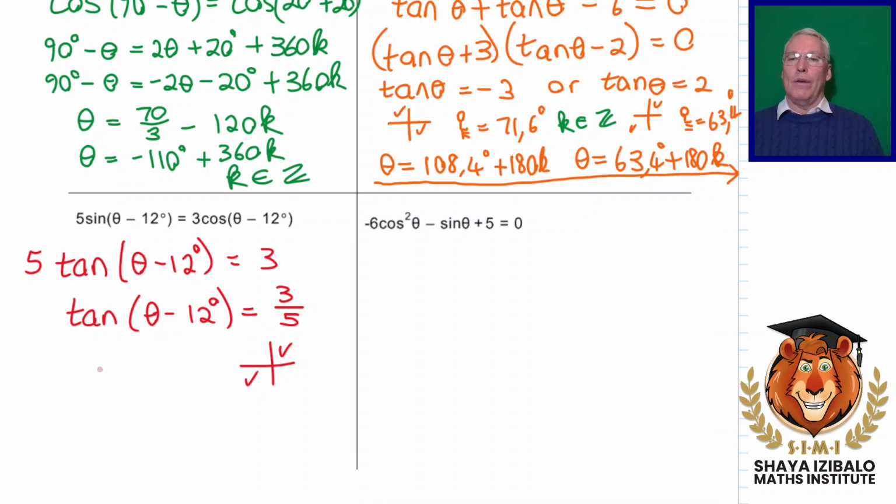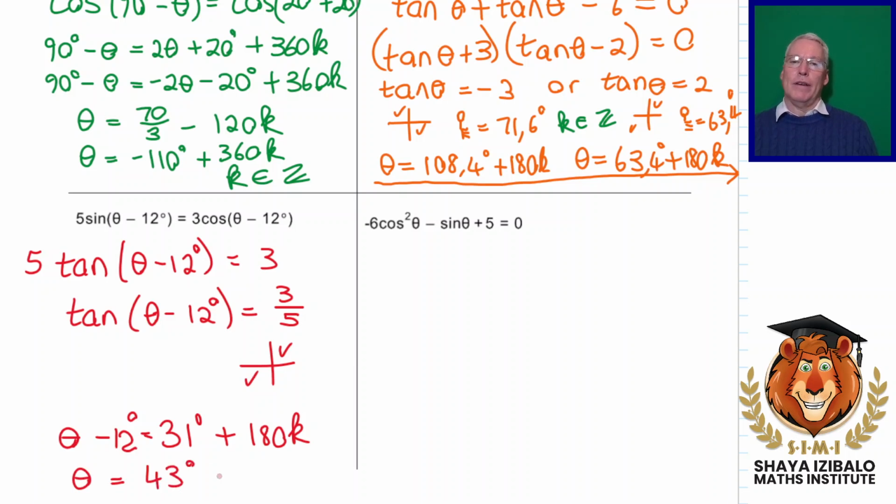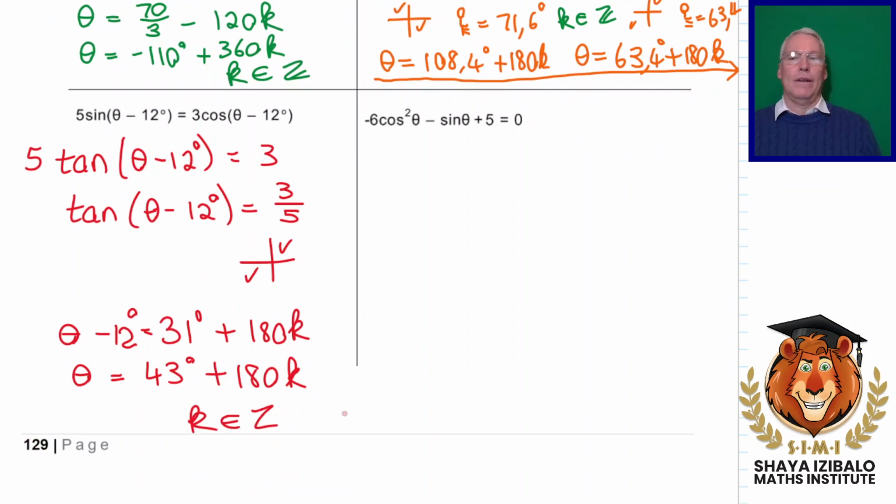So 31 degrees plus 180k, but don't forget that that's not theta, that's theta minus 12. So in fact, our final answer, if we add 12 to both sides, is 43 degrees plus 180k. That is our general solution. Don't forget, k must be an integer. Okay, right, and there we have it.